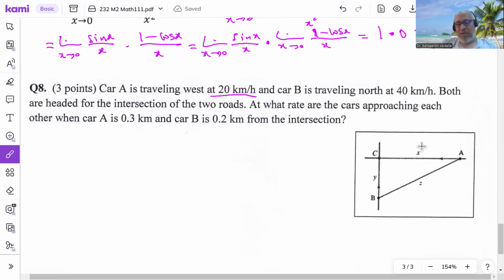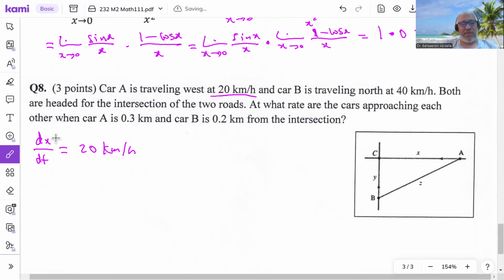That's the speed of the car, kilometers per hour. So that's the change in the distance. The change in x is the rate of change of x with respect to time. So in fact, 20 is dx by dt. It's 20 kilometers per hour.